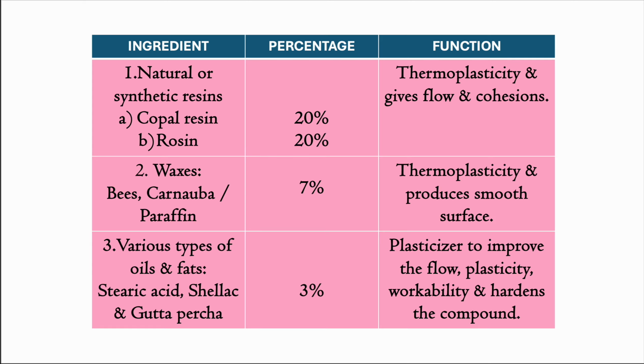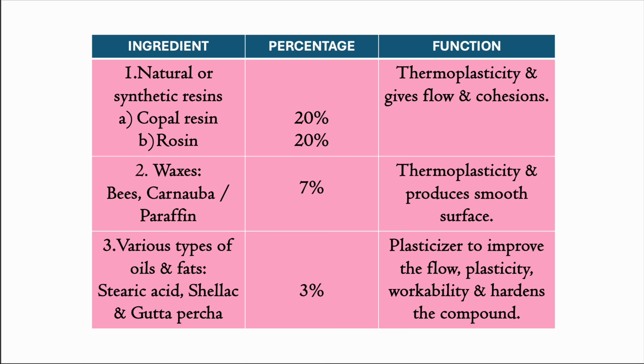The first component is natural or synthetic resins. It is copal resin as well as rosin, 20% each. The function is it helps in improving the thermoplasticity and gives flow and cohesion. Next is waxes, which includes beeswax, carnauba wax or paraffin, which is 7% in constitution.